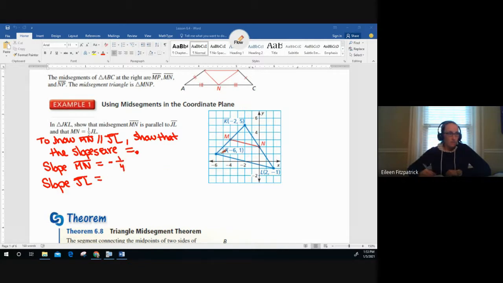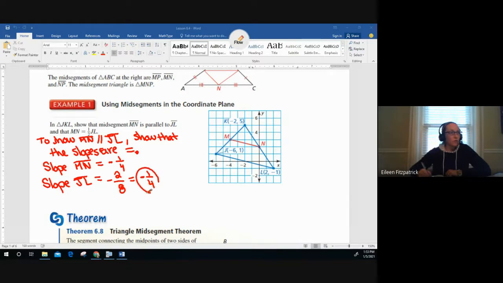For JL, from J to L or vice versa, I'm rising 1, 2 units and running 1, 2, 3, 4, 5, 6, 7, 8 units. So rising 2, running 8, and that's going to simplify down to 1/4.